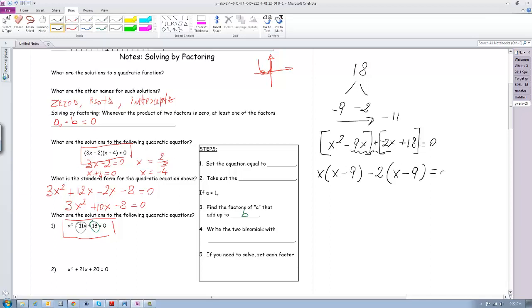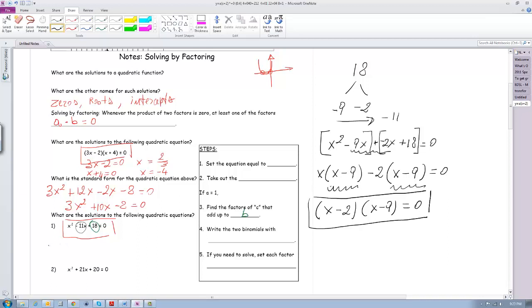And again this is equal to 0. But these two terms are the same, so I can rewrite this once again: x minus 2 multiplied by x minus 9 equals 0.